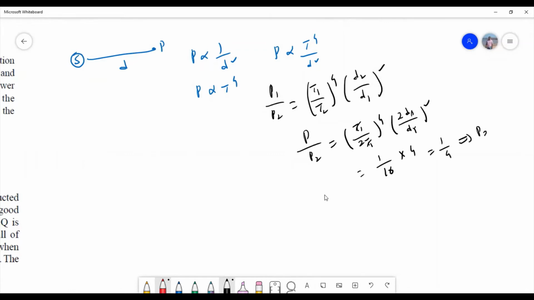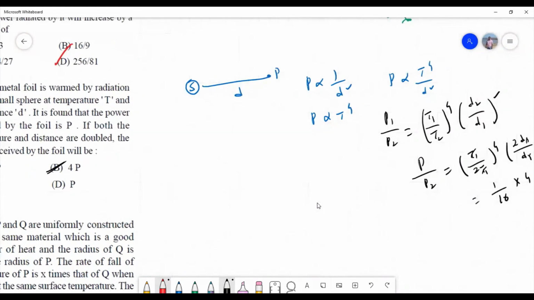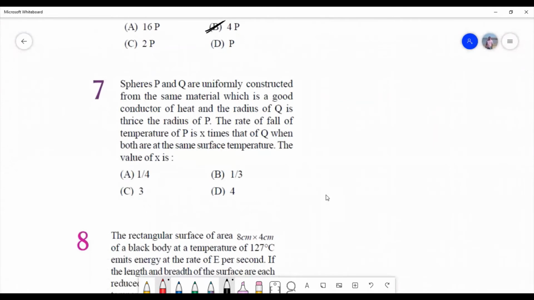From this I can say P2 is equal to 4 times P. So let's check the options. Option number B is the answer. So this is a very important relation. Here power is directly proportional to T power 4, and inversely proportional to the square of the distance. Let's move on to question number 7.